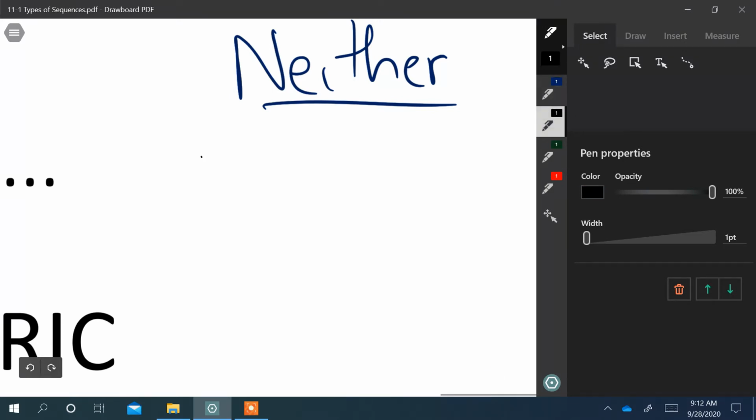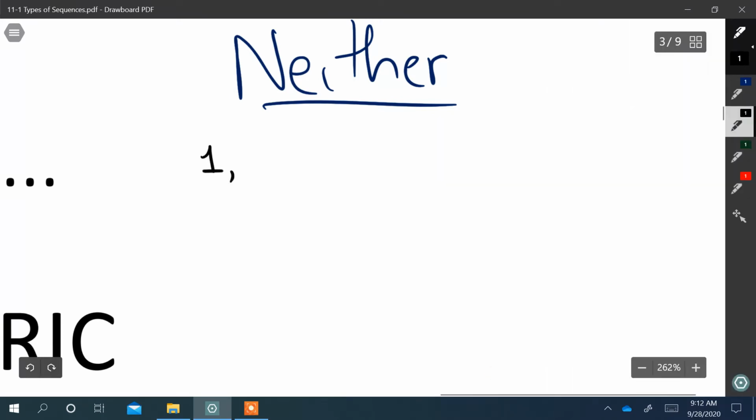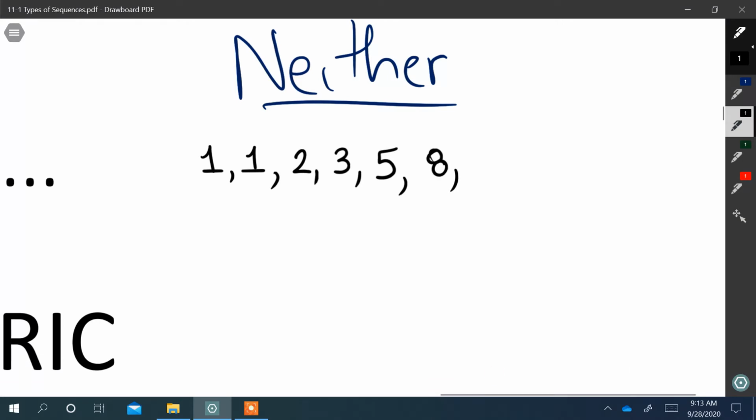For example, I'm going to do 1, and then another 1, and then a 2, and then 3, then 5, then 8, then 13, and so on and so forth.